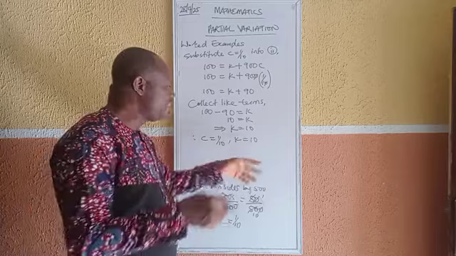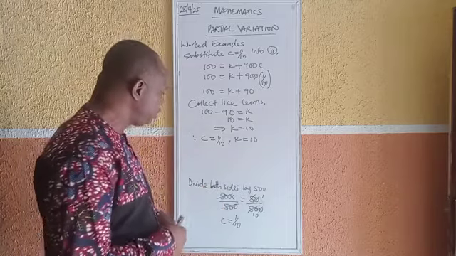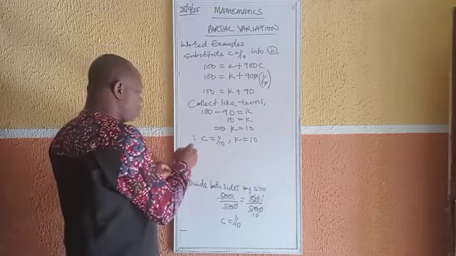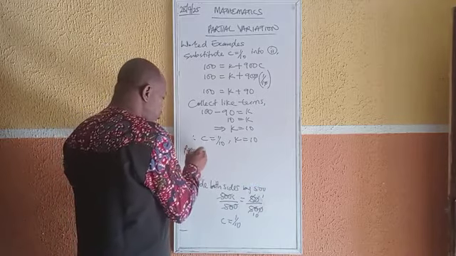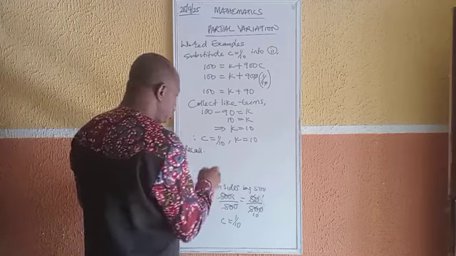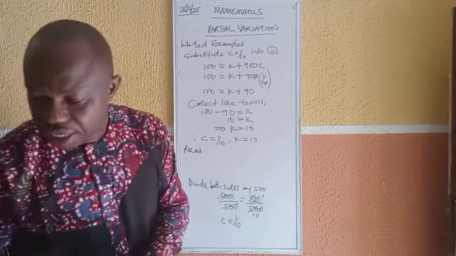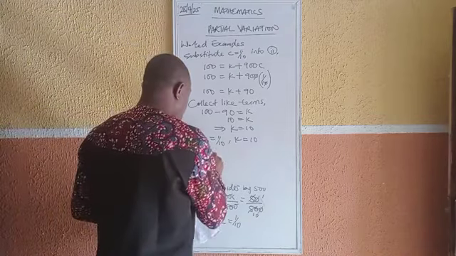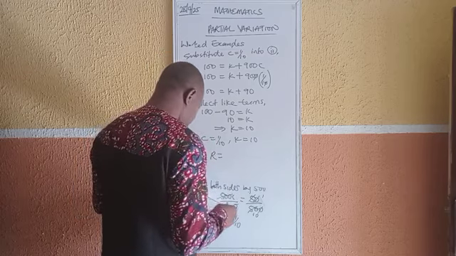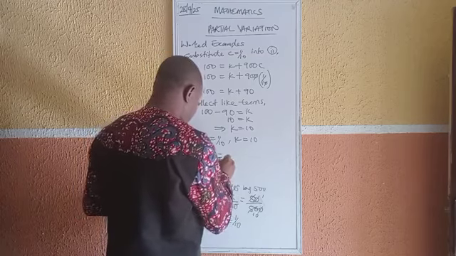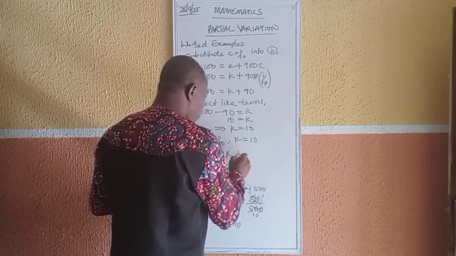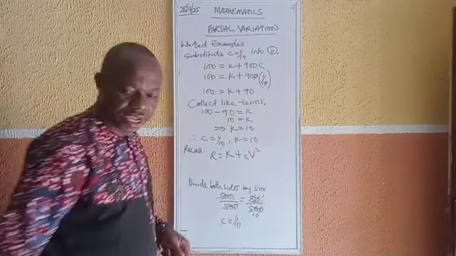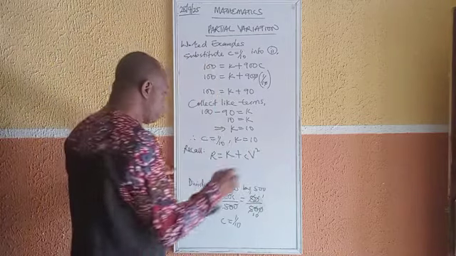Next, let's try the relationship that is connecting these two quantities, R and V. Recall, what are we recalling? That R equals K plus C V squared.